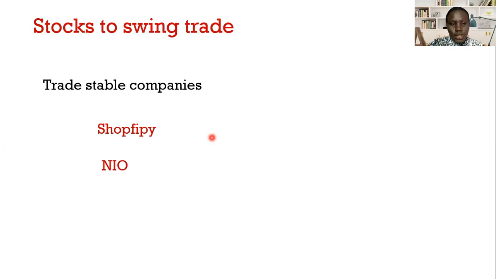You can look at companies like Shopify, NIO, and maybe other companies that have a trending stock, the one that is moving. When you're doing swing trade, you don't need to hold stocks for long, because if you're using margins, you will be losing money on commission. So be aware of the companies that you're investing in.